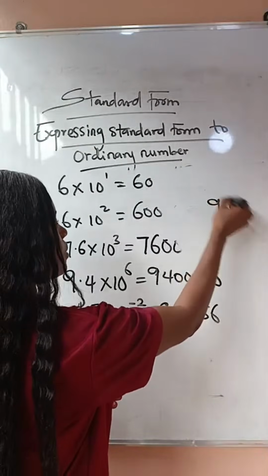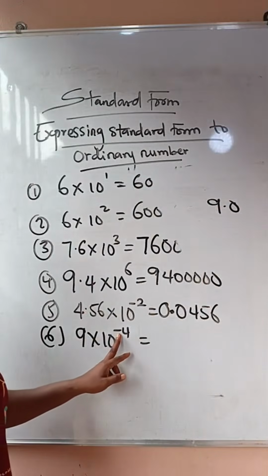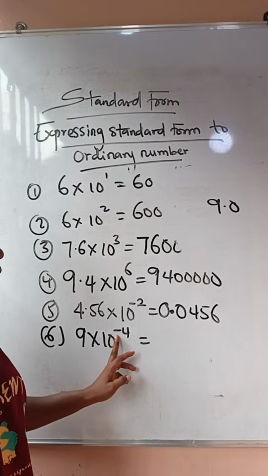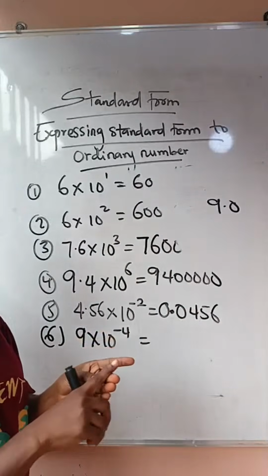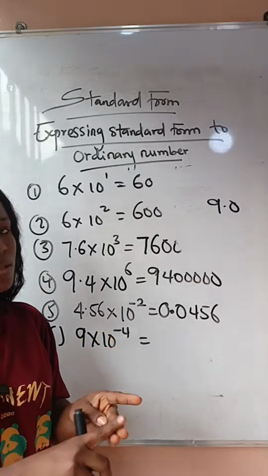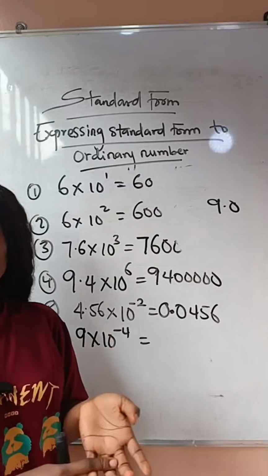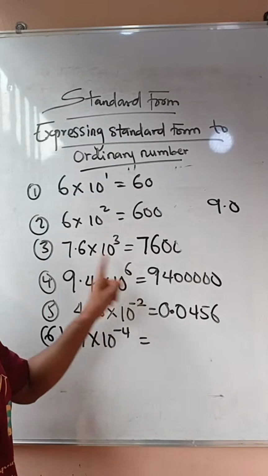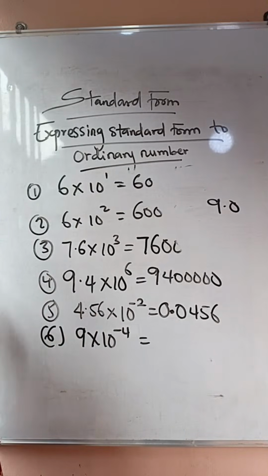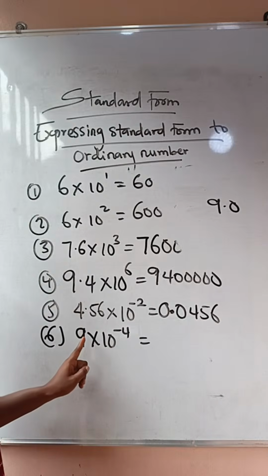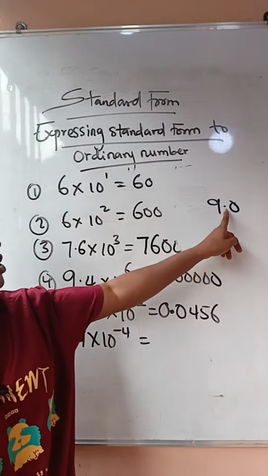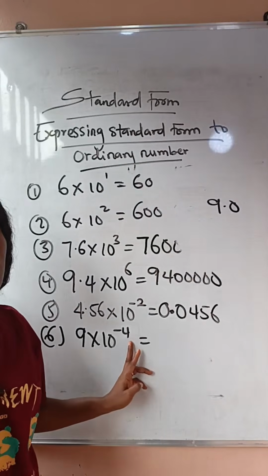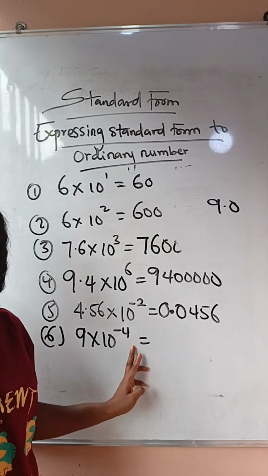Now, because we have a negative exponent, it means we need to shift the decimal point to the left. It's indirectly telling us that this is a decimal, this number is not up to 1, so it's directing us to go to the left side of our number line. So we are going to take this decimal point from its original position towards the left 4 times. That is just what this power is telling us.